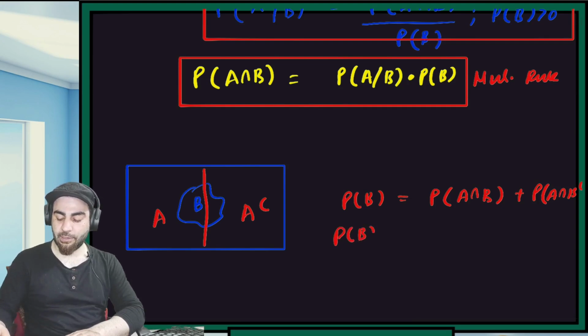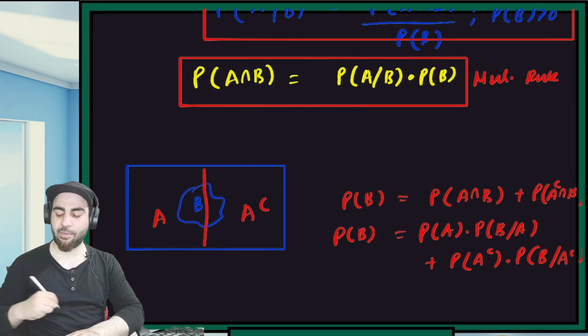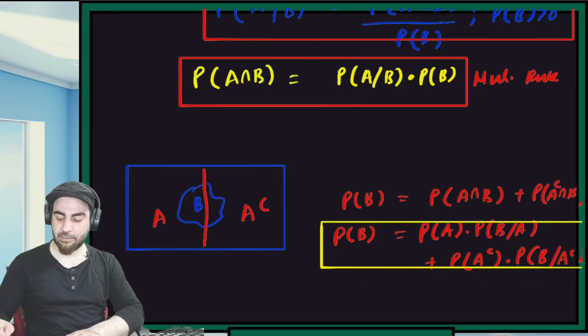Then I can again use the multiplicative rule: probability that A happened multiplied by probability of B given that A happened, plus probability that A complement happened multiplied by probability of B given A complement happened. This over here was called the law of total probability.